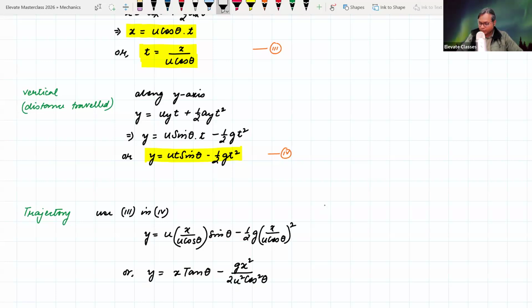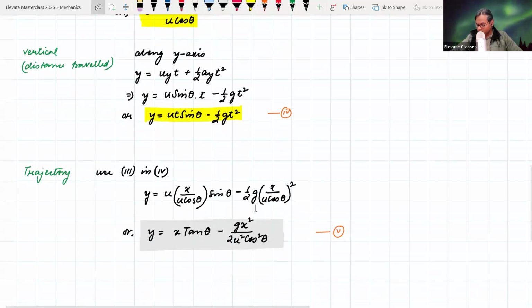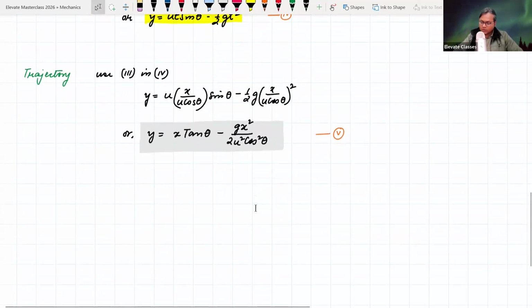This is the trajectory of the system. All right, equation of trajectory or path of motion.